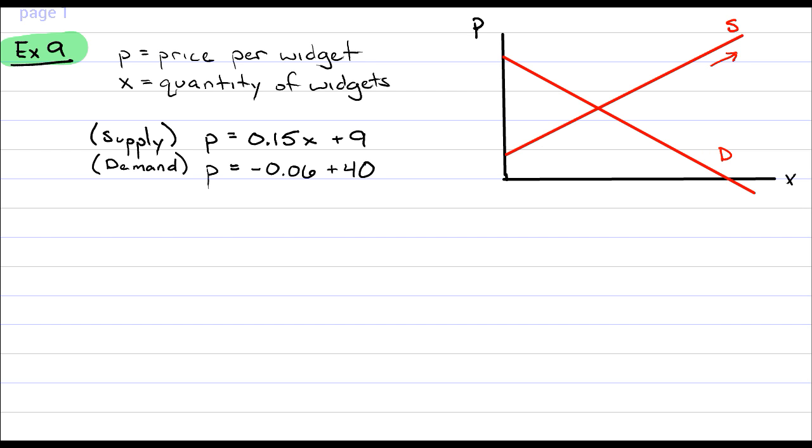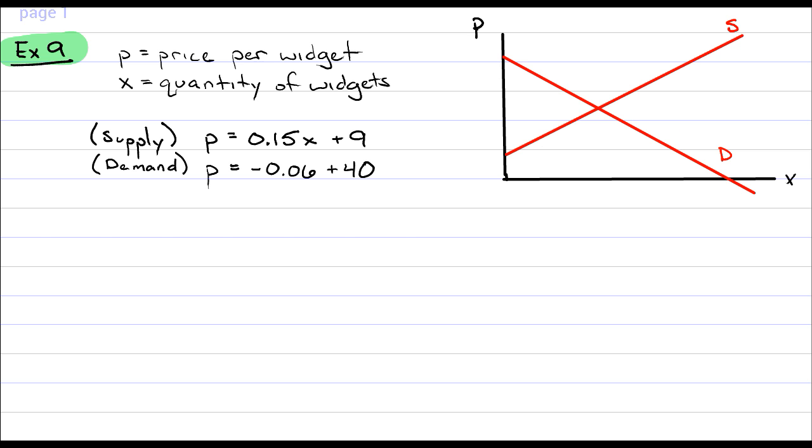To have more people interested in selling widgets, you have to see the widgets being sold for more. Okay? In contrast, the demand line has a negative slope. One way to interpret that is as the price increases, the demand is going to decrease, and vice versa, which is sort of what you would expect.